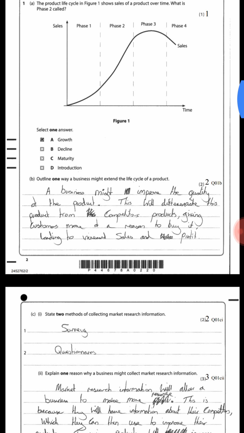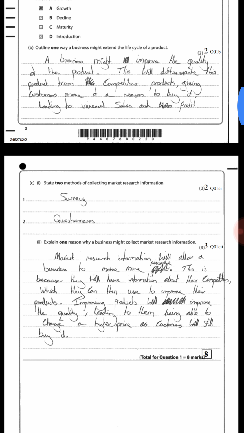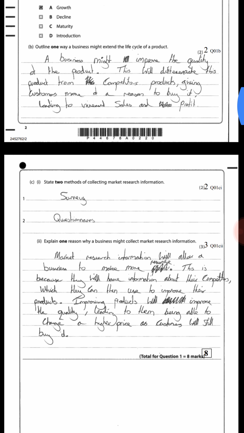So in this question here, outline one way in which a business might extend the life cycle of a product. You could choose something like improved flavours, new packaging, selling the product to a new target audience. This student here has chosen to focus on quality.